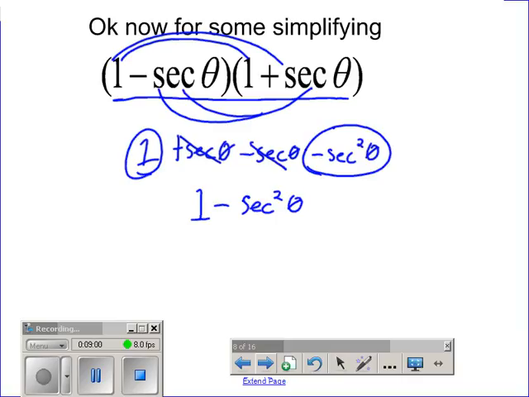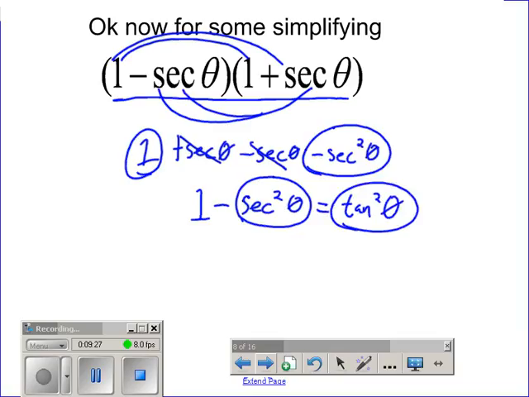Now 1 minus secant squared theta is going to be one of our Pythagorean identities. If you're having trouble, remember secant theta is dividing by cosine. To divide by cosine means it's going to be sine over cosine, so this has to be tangent squared theta. There's your final answer.